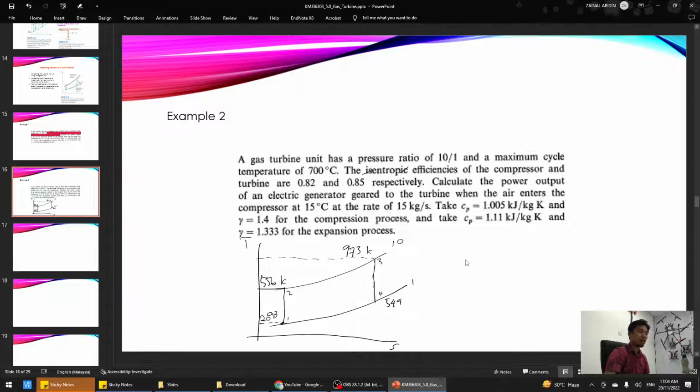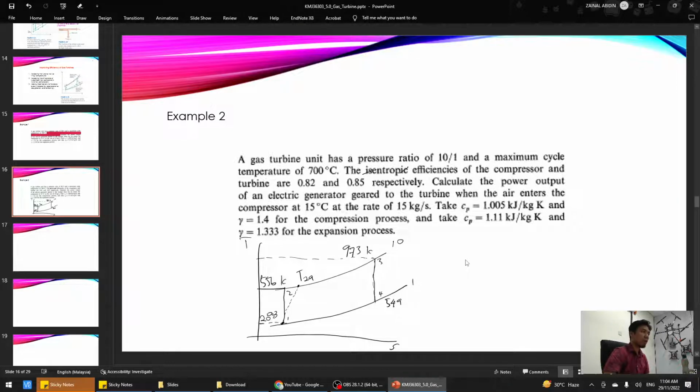Kalau dia ada bagi kita isentropic efficiency, which mean the temperature exiting the compressor slightly above than what is actually ideal here. Dia mesti berlaku di atas ni. Sini ialah T2 actual awak. Sama juga apa yang berlaku dekat compressor. Ini adalah isentropic efficiency bila dia expand.